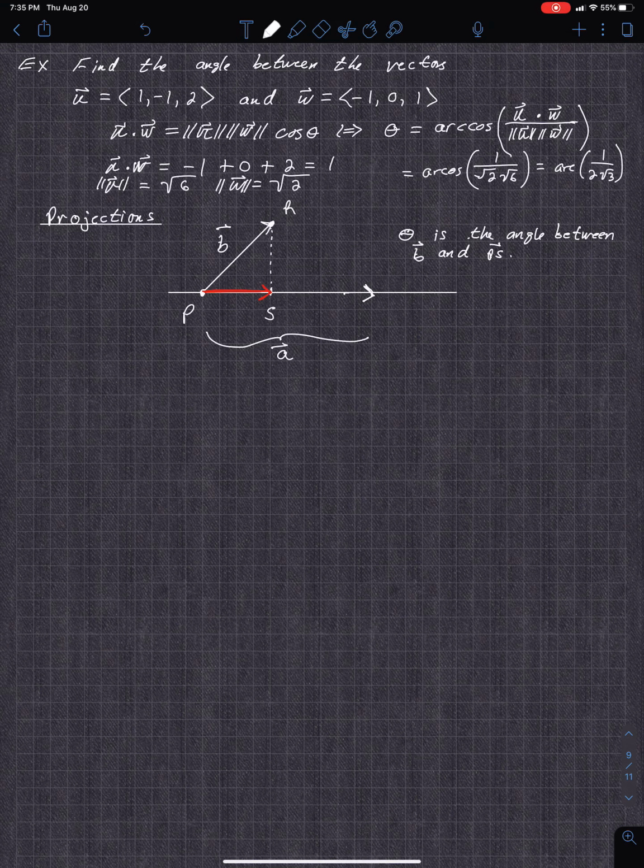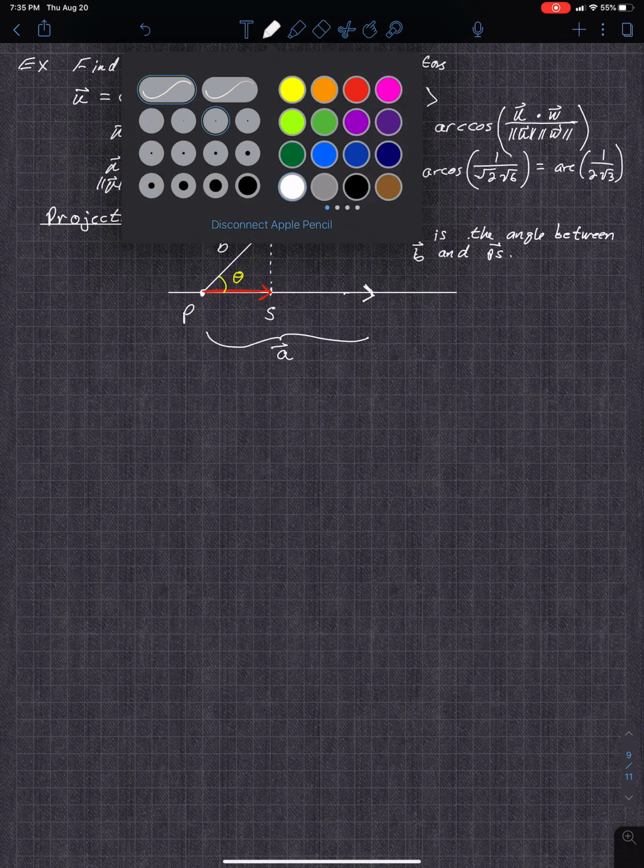So we'll put that angle in there as such.